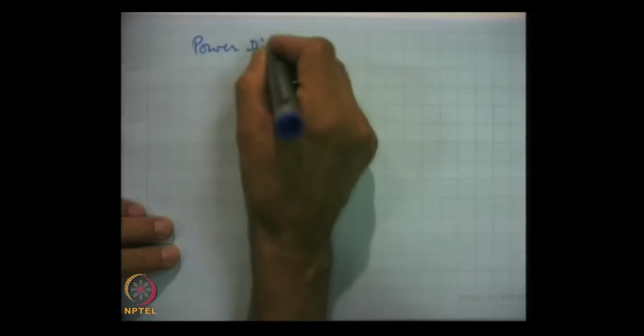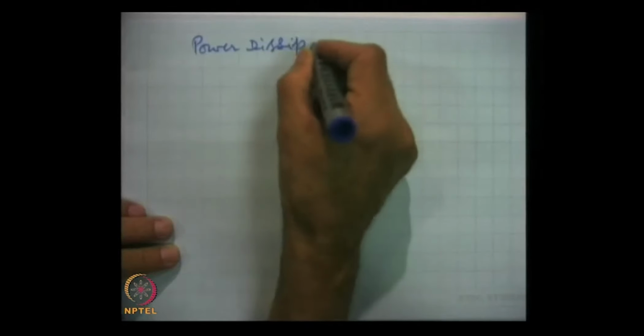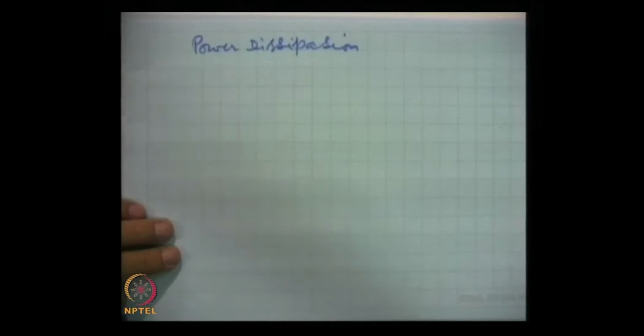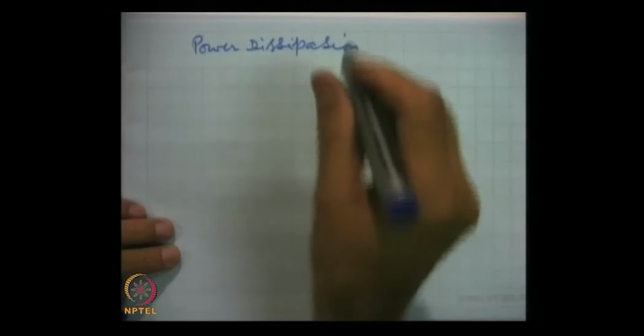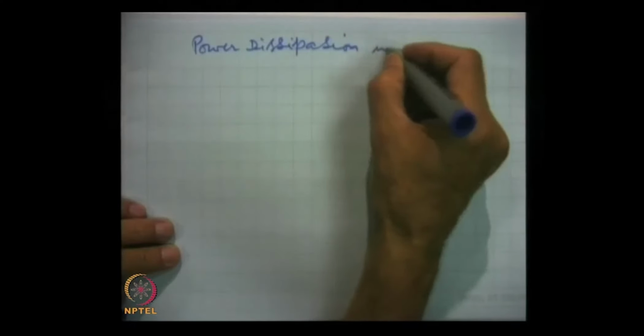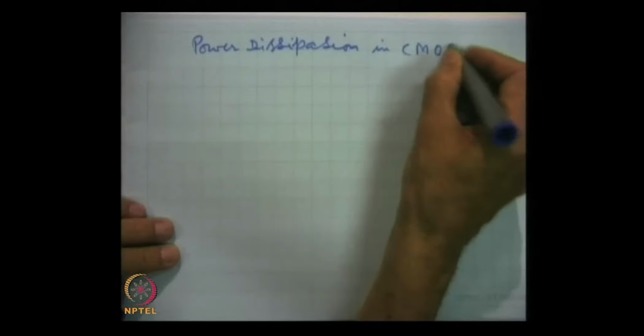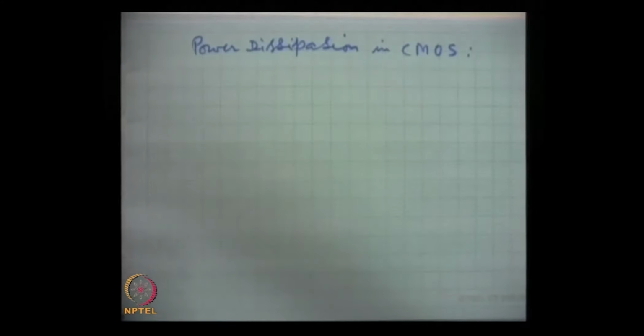Power dissipation and power consumption are one and the same thing in electronics. Power dissipation in CMOS: why is power consumed equal to power dissipated?